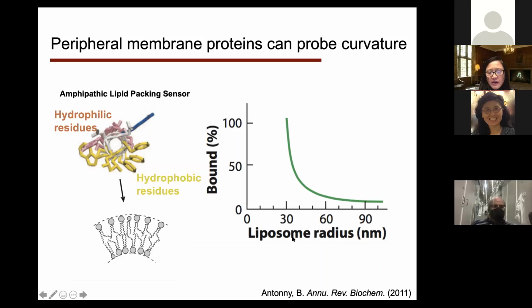What is shown here in this review by Anthony is that as you increase the radius, so decreasing the curvature of the membrane, you see a decrease in the bound percentage of protein in the system.